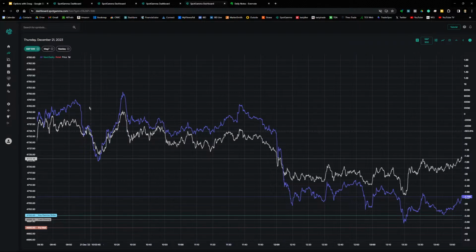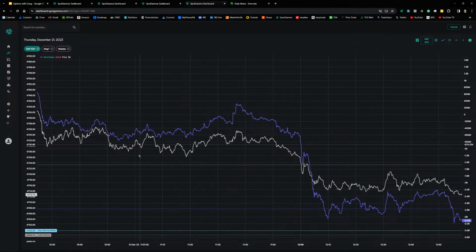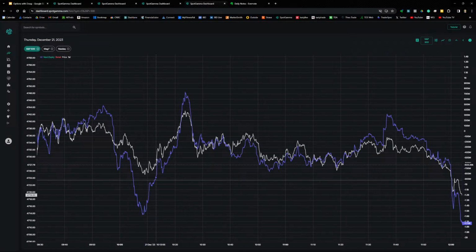So there was a short setup this morning. Let's zoom in on this. And note that I have turned off extended hours trading on this chart. So I'm just showing this hedging flow and price action beginning at the 9:30 cash open.